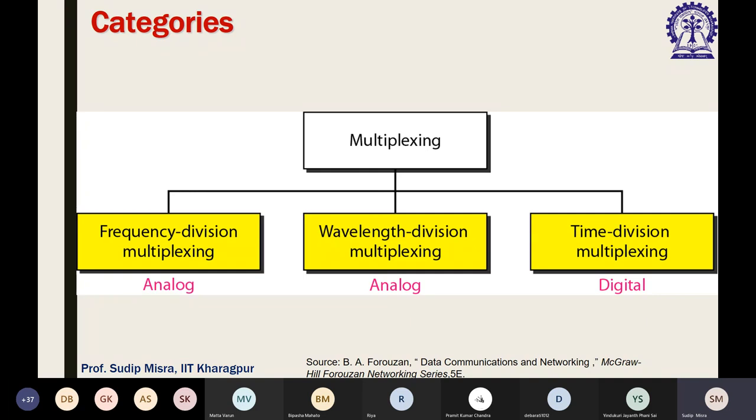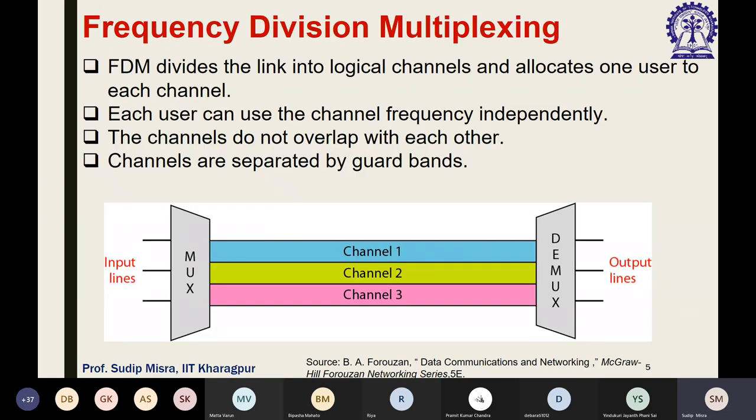However, wavelength division multiplexing is typically talked about in the context of optical transmission, where the wavelength of a signal is very important. Then comes time division multiplexing. The first two are analog in nature, and time division is typically used for digital transmissions. So let us now try to understand one by one how these things work.